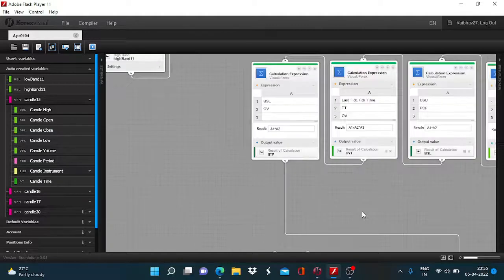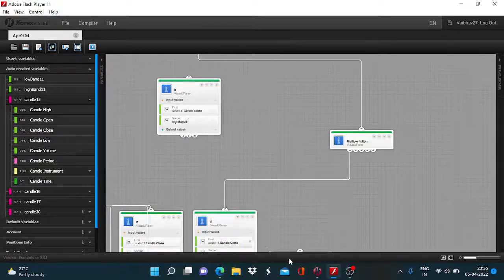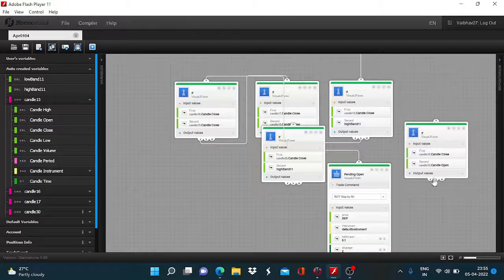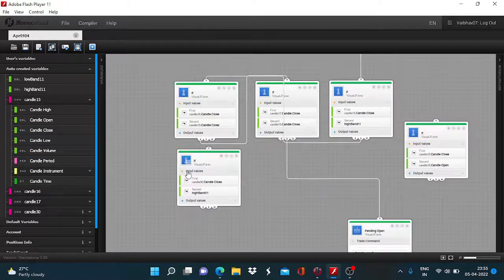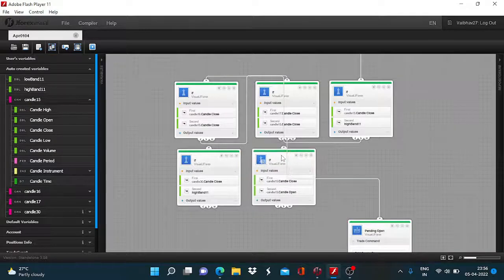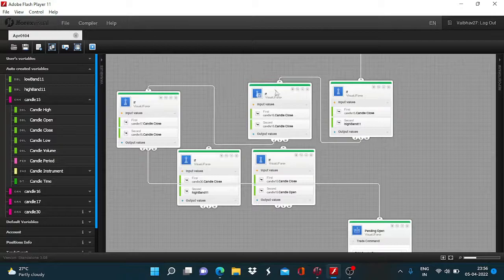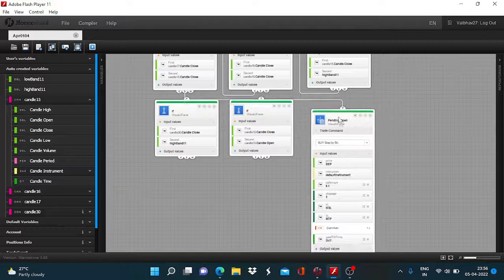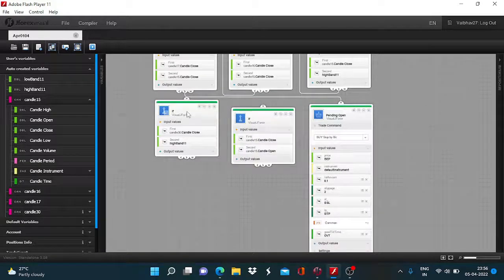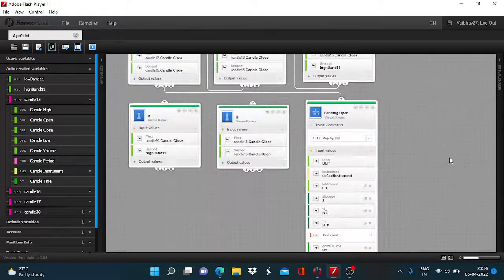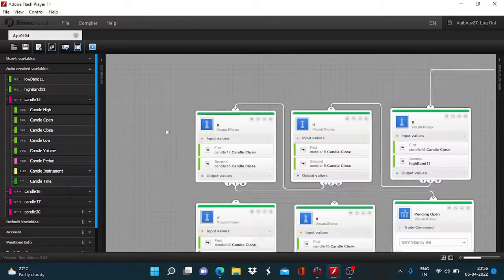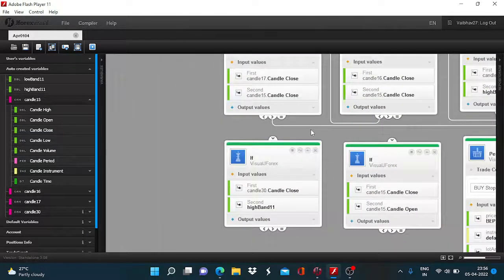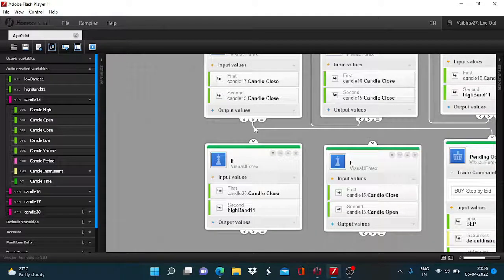Now we take these two blocks on the lower side and add them to the buy side. All right, this condition remains as it is: first input greater than second input.